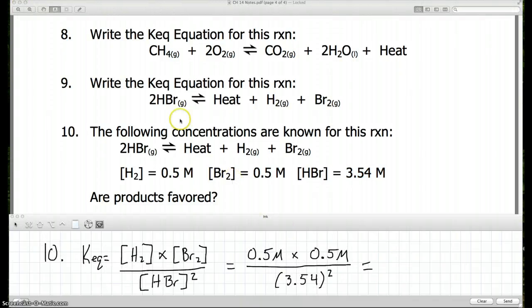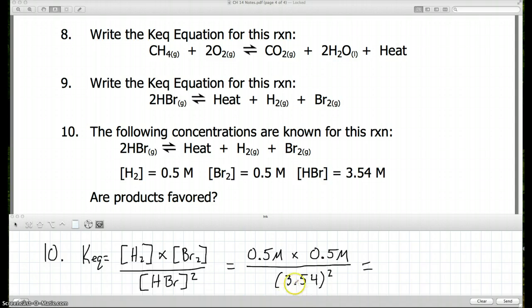Okay, so again, question number 10 is using the same equation as 9. So I have my KEQ, same as from question 9. Stuff on the left goes in the bottom. Brackets, coefficients become exponents, all that stuff. So then once I have it set up and I have all these numbers given to me here, the H2, the Br2, and the HBr, I just plug those numbers into my expression as I wrote it.